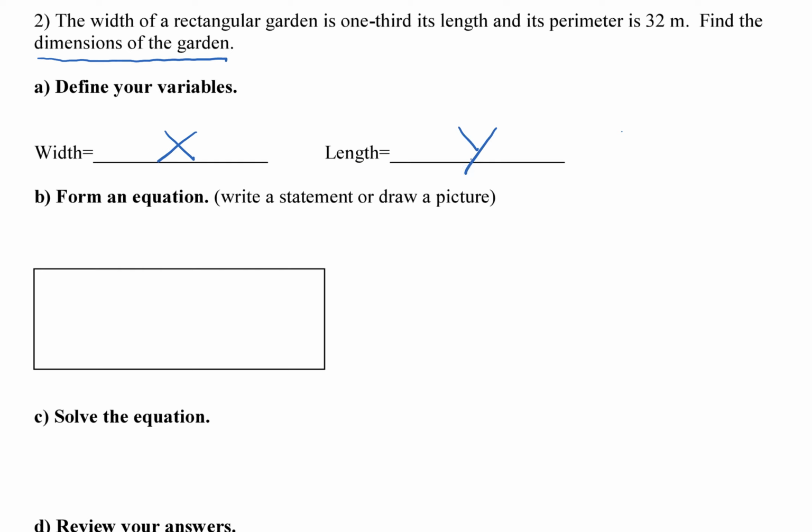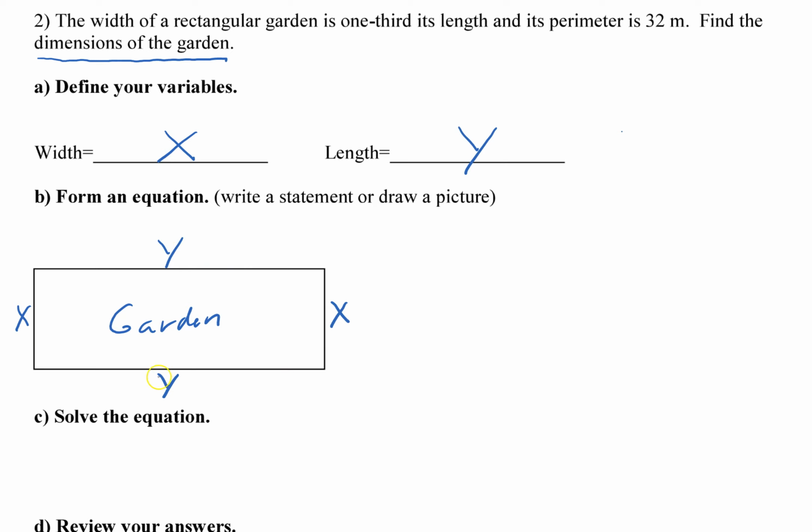What I like to do anytime you have something that you can draw a picture of, like a rectangular garden, is to draw a rectangle. So this is our garden. Our length is y and our width is x. If we continue this, this would be y and this would be x, because opposite sides are equal in a rectangle. A perimeter is the length all the way around.